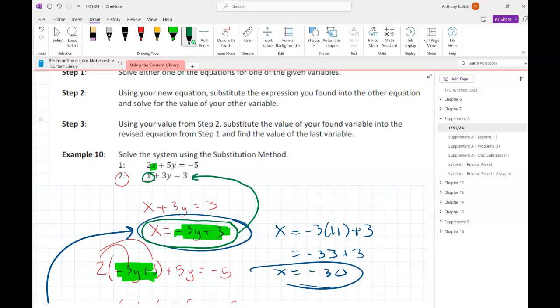So you got equation 2, you got the x by itself, and then you plugged your answer back into equation 2. Every time you do that, you're going to get infinitely many solutions. It has to go into the other equation. So if you're getting infinitely many solutions all the time when you're doing substitution, you're just plugging back into your same equation, which is not what you want to do.